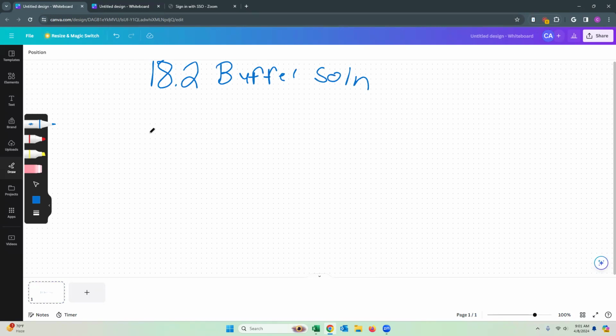So first, we need to define what a buffer is. A buffer resists pH change. So if I say that a solution is buffered, then that means that the pH of that buffered solution doesn't change much.